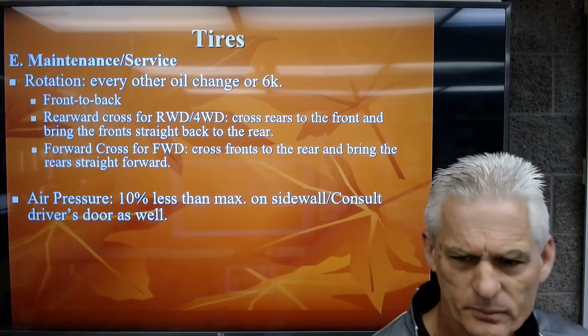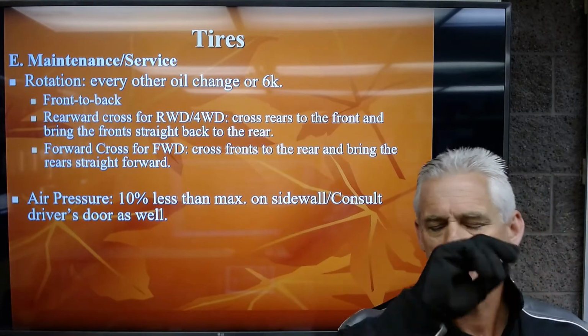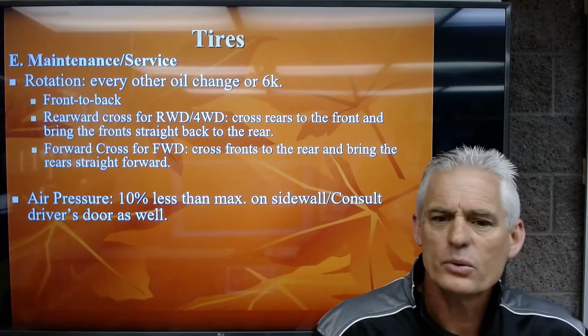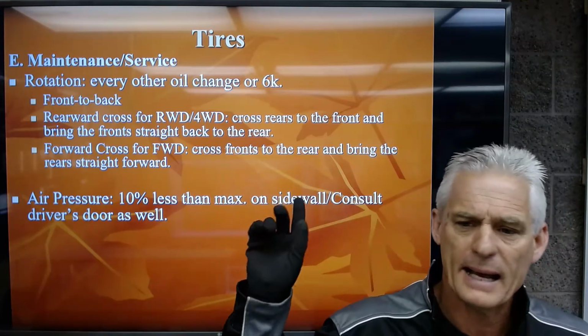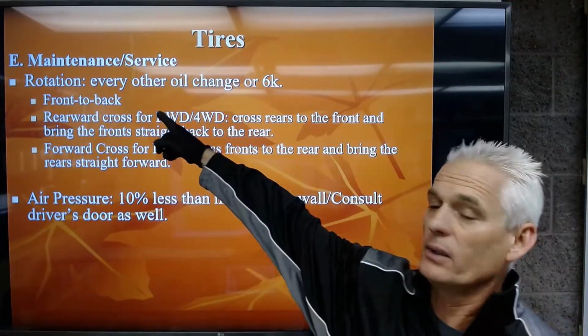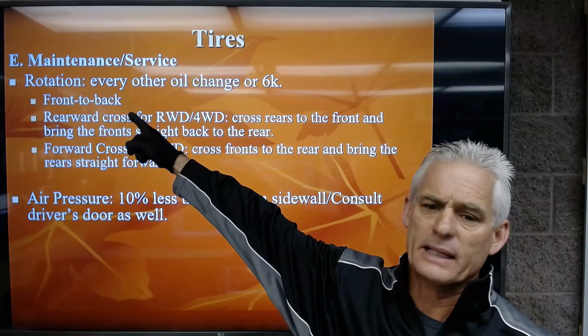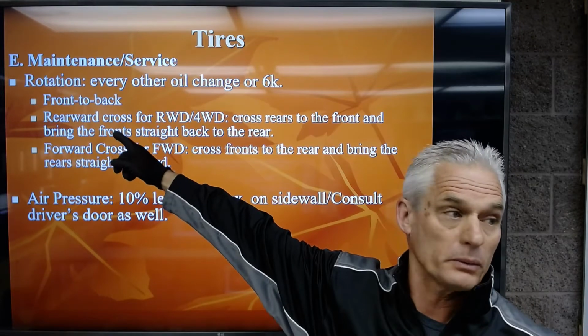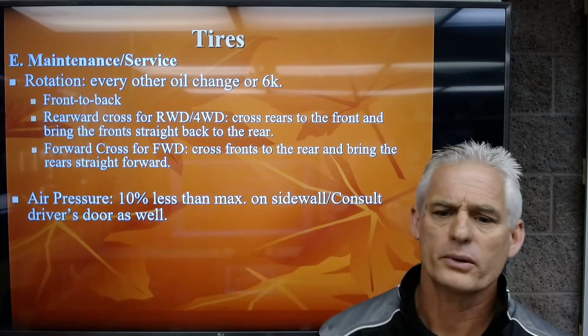So there's how we typically wanted to rotate. And by the way, front to back is when we have directional tires, so we can't switch them to the other side of the car. Otherwise, we're going to use a rearward cross for rear-wheel drive or all-wheel drive, and a forward cross for front-wheel drive.